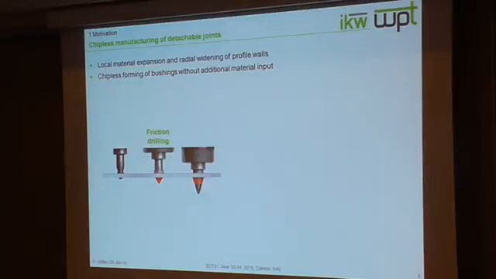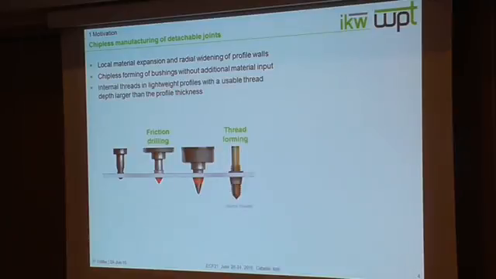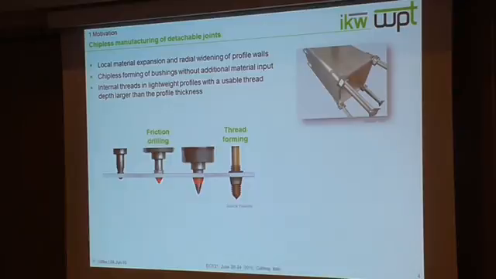You can use this for different kinds of materials, and as I told before, here on this slide the manufacturing process is also shown. In our investigations we deal with magnesium and aluminum alloys, so lightweight materials, and our cooperating institute is manufacturing these threads with this new kind of application, so the cross-sectional area of these thin-walled profiles is manufactured.